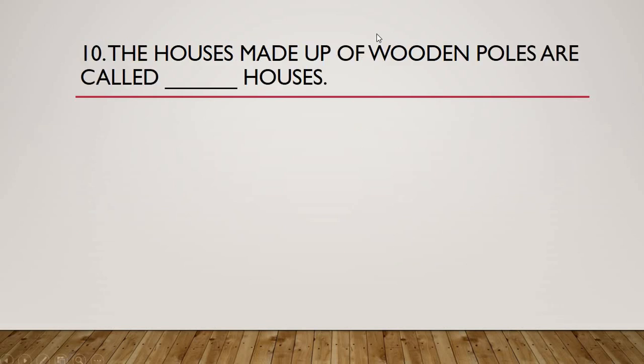The 10th one is: the houses made up of wooden poles are called dash houses. This one is a bit complex question, isn't it so? We know what is a pakka house, we know what is a kacha house, we know what is an igloo by now. This is something new. So you need to think.